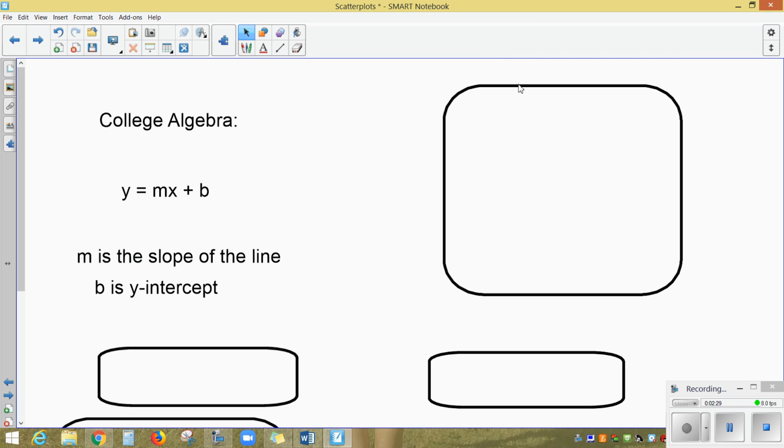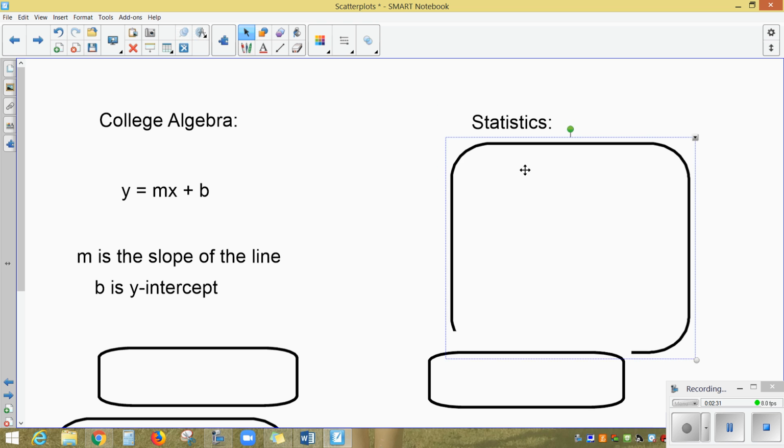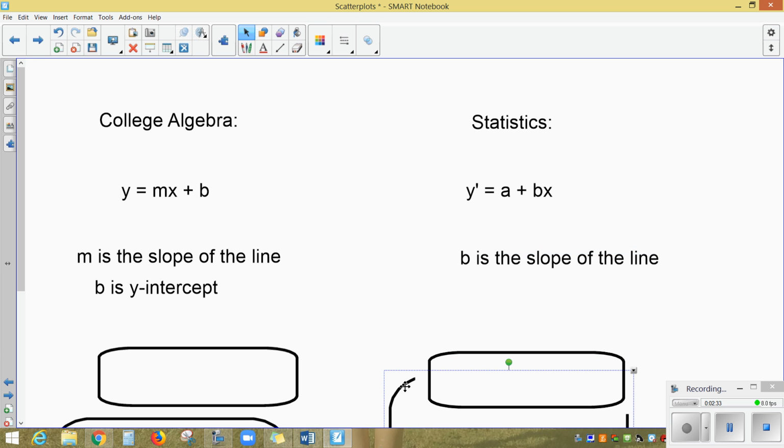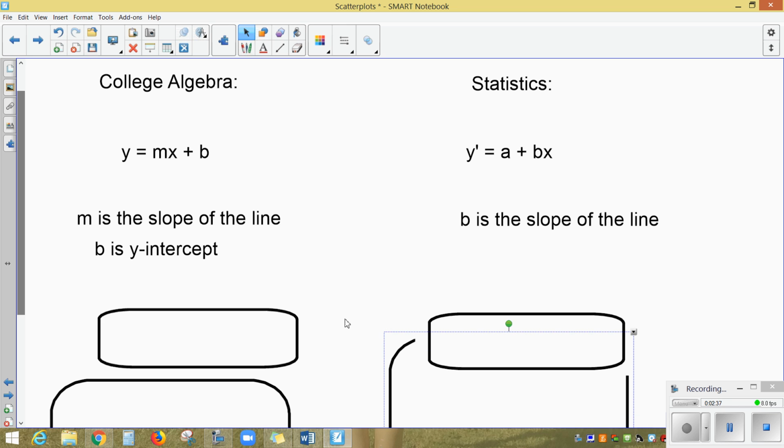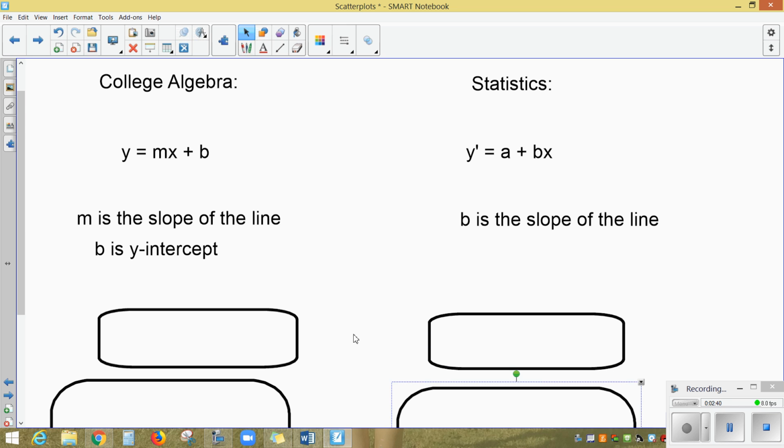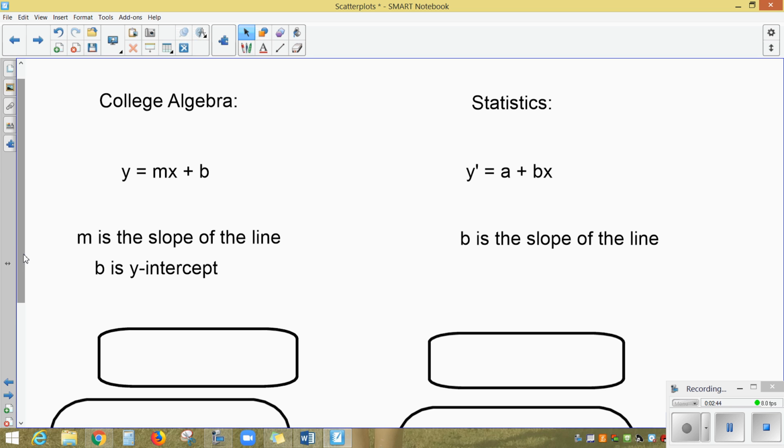Now, when we're doing statistics and we're talking about these least squares regression lines, the a and b flip-flop, so that can be confusing. And I don't like it being a math person, but those are the statistics rules. We call our equation, instead of just a plain old y, y prime. When we see a y prime on there, we know that we're estimating, or approximating.